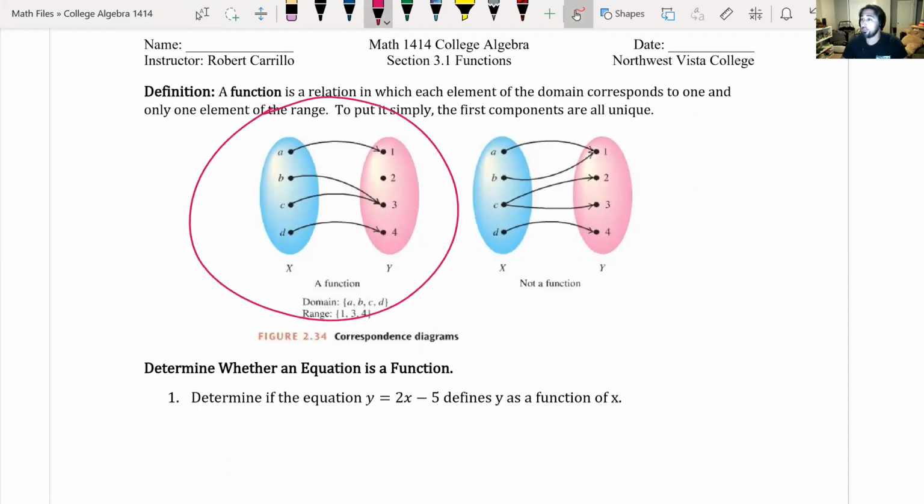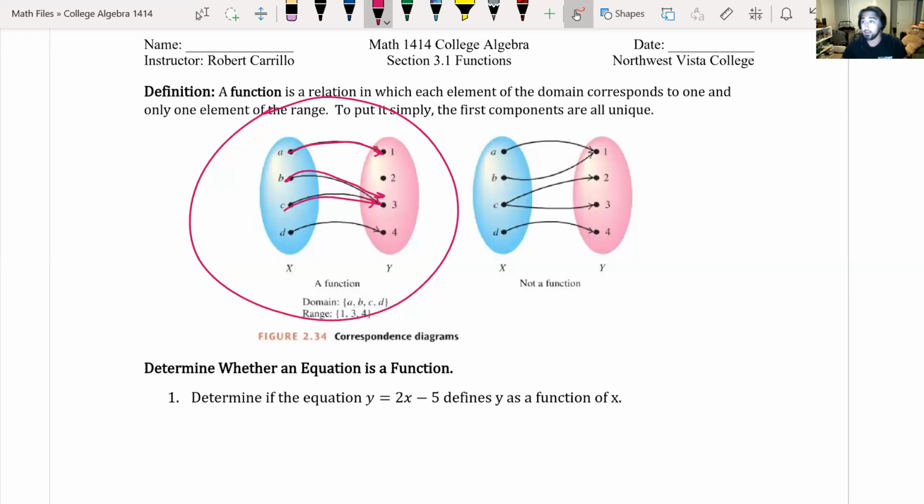The first blob represents a function. So here's our domain x, and we see that our one x value goes to one y value, and then another x value goes to one y value, and then another x value goes to one y value, and it's okay if multiple x values go to the same y value, because it still falls under the definition of a function.